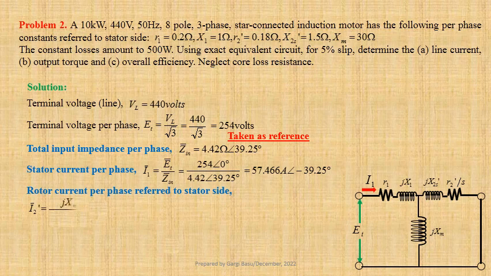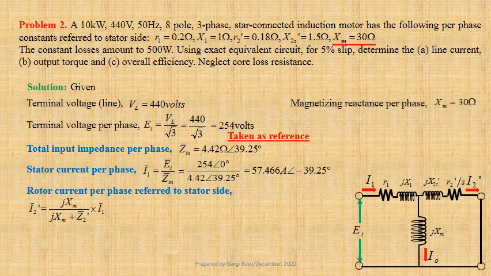Now we shall calculate rotor current per phase referred to stator side. I2' equals jXm divided by jXm plus Z2' into I1. Given magnetizing reactance per phase Xm equals 30 ohm. We have determined jXm plus Z2' equals 31.705 ohm at an angle 83.48 degree.